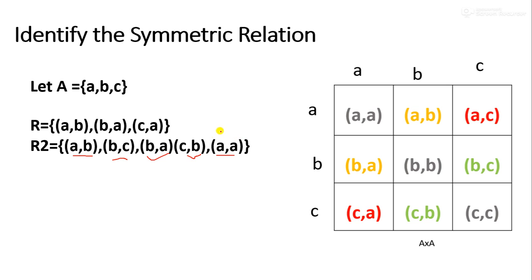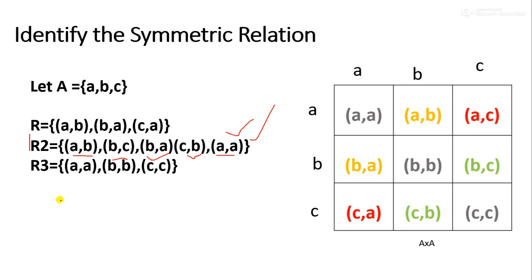We have learned that the diagonal element AA is the symmetry of itself. So for AB we have BA, for BC we have CB, and AA is the symmetry of itself. Therefore this relation is a symmetric relation.